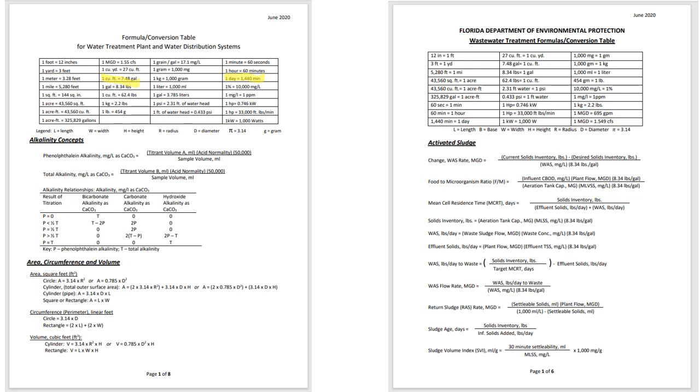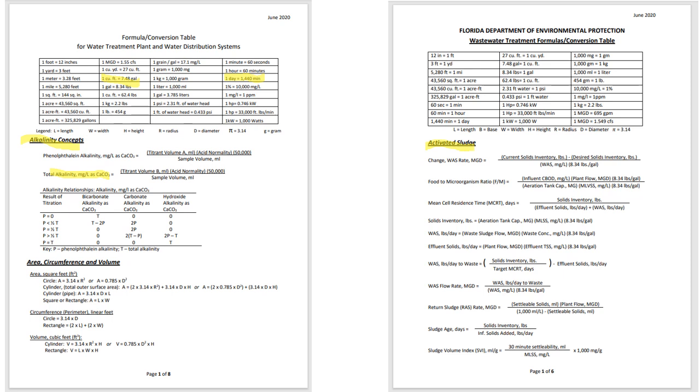The other thing you may notice about the state of Florida formula sheets is that they are alphabetical by process. So you have your alkalinity concepts, and then you have your formulas for alkalinity, and you have the area. On the next page, it's got chemical feed. And then for the waste treatment, you have the activated sludge, and then you have all the formulas that go for activated sludge.